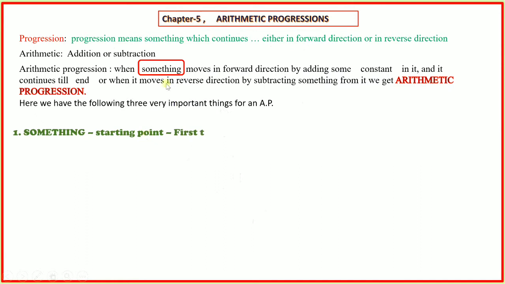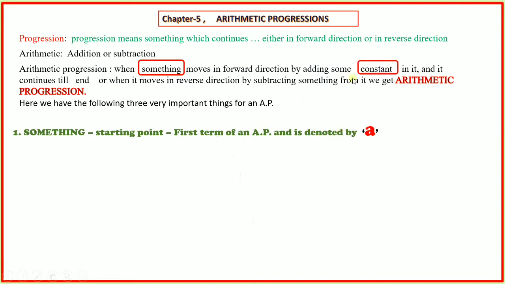Something moves means we are in the beginning where we were. So the starting point is called, in terms of AP, the first term of an AP, and it is denoted by small a. Remember it: the first term of any AP is the starting point, denoted by small letter a, the first letter of the English alphabet.